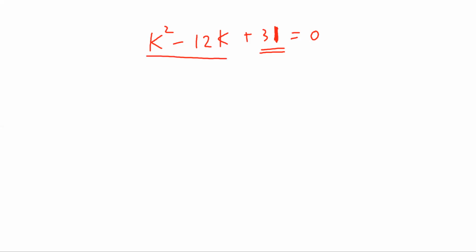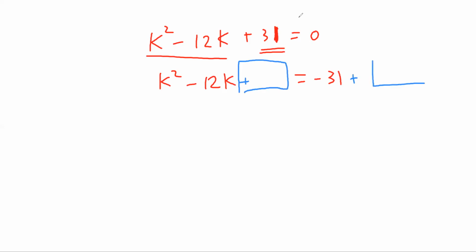Okay, so move the 31 to the right, it became here. All right, so how do we find these terms? We know this one is -12. That's important. -12, half of it, and then square it.